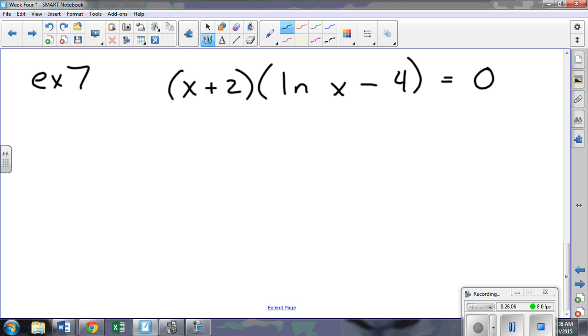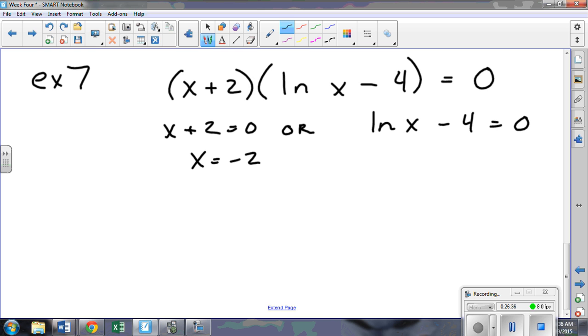So what does the zero product property, the zero product rule give us? x + 2 is equal to 0, or the natural log of x - 4 is equal to 0. So solve them. First one's easy, that's just x = -2. The second one is a little bit more difficult if you don't remember some components. This one, of course, is telling us natural log of x is equal to 4.